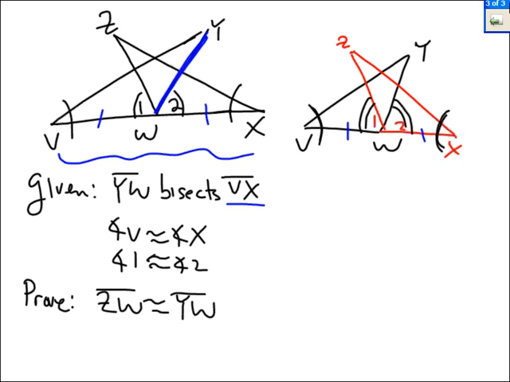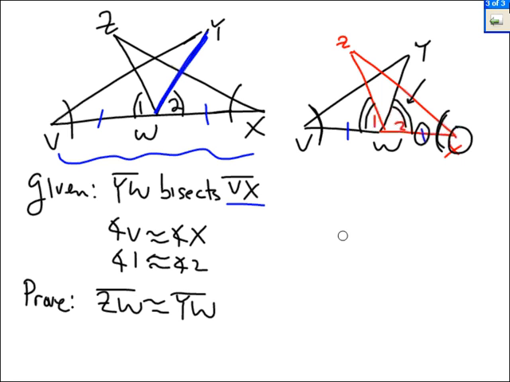In the black triangle, I have an angle with 1 slash, a side with 1 slash, and an angle with 2 slashes. ASA. But I have the same exact thing in the red triangle. These two triangles are congruent by ASA.